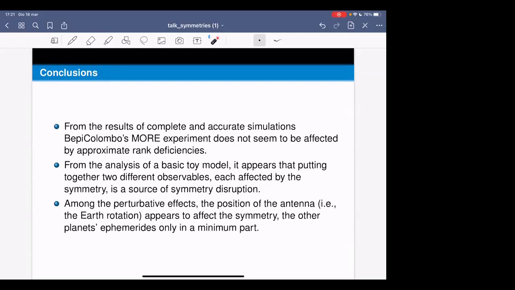And we saw this by analyzing the eigenvalues of the normal matrix. And among all the perturbative effects on the pure four-body problem, the position of the antenna on the Earth, that is the Earth rotation, seems to be the one that destroys the symmetry in the heaviest way. Whereas the addition of planetary ephemeris only affects the symmetry to a minimal degree.